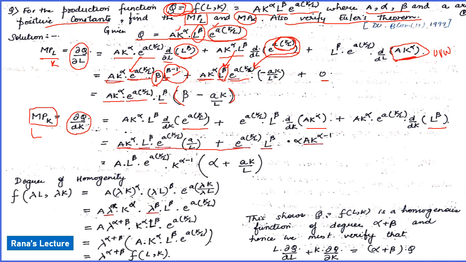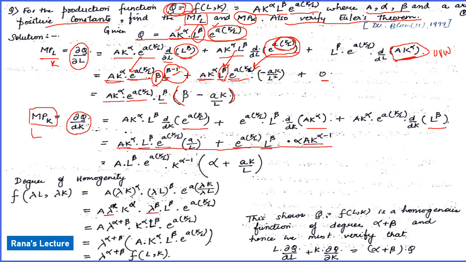Now again we take out the common, and what we do, this will be A into L to the power beta into e to the power A into K by L into K to the power alpha minus 1. Within the brackets we get alpha plus AK by L. You have to take out the commons from here. Just look at the terms very carefully while taking out the commons.